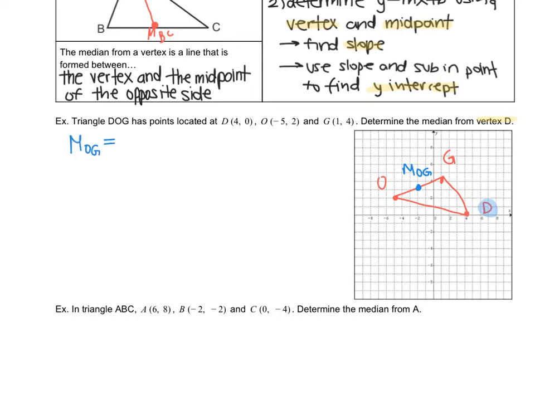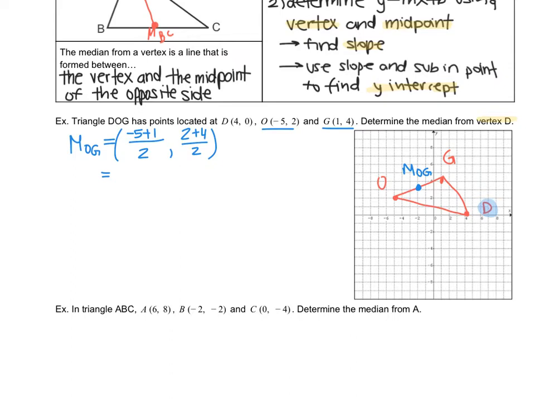And to find the midpoint, we are just taking the coordinates of O and G and averaging them. So I'm going to take the x's, which are negative 5 and 1, and I'm going to add them and divide by 2. Then I'll take my y coordinates, which are 2 and 4, and I'll add them and divide by 2. So you can do this in multiple steps, or you can do it all at once.